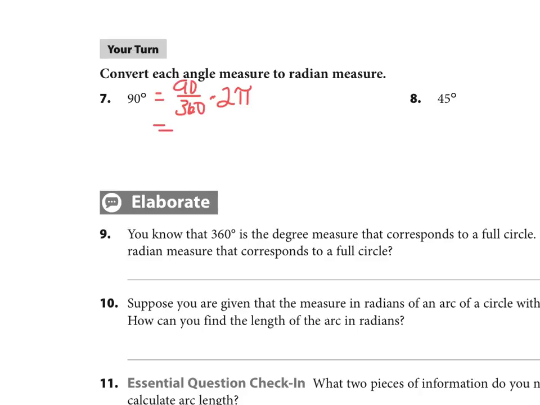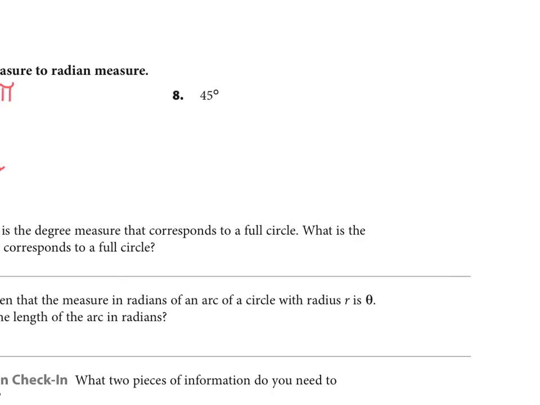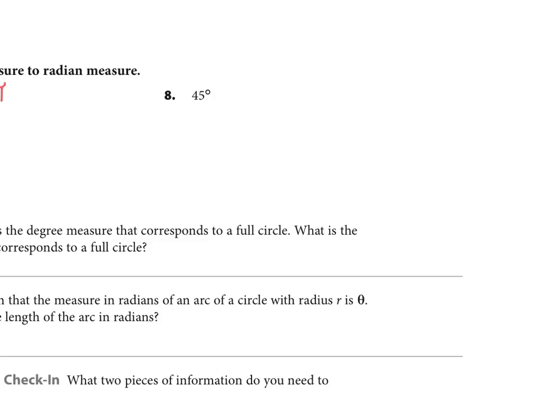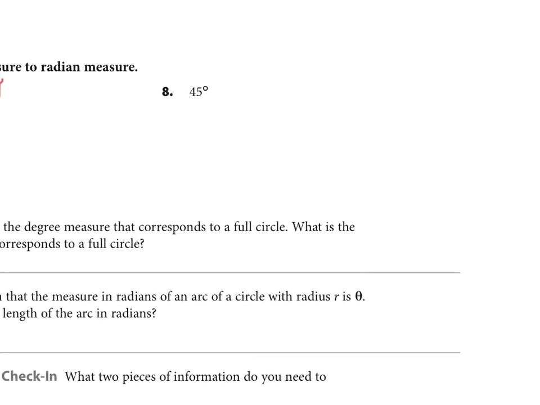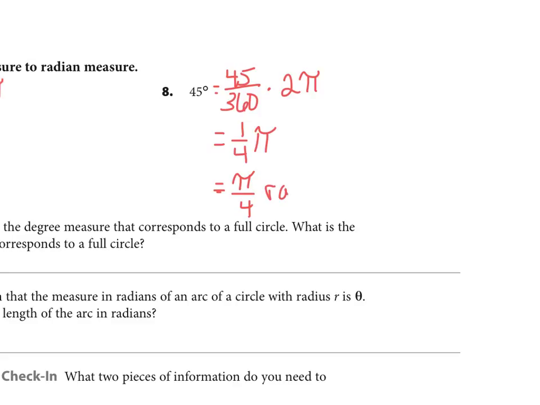And that becomes 180 over 360, which is 1/2 times pi, or pi over 2 radians. You try the next one and then come back and check your answer and see if you did it right. Okay, you should have gotten pi over 4 radians.